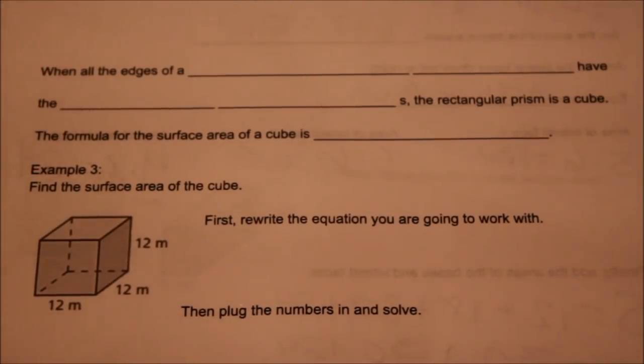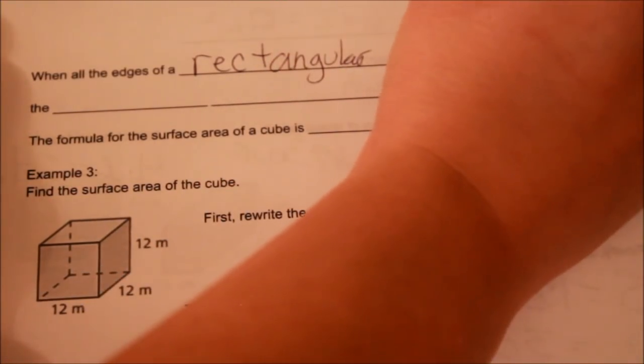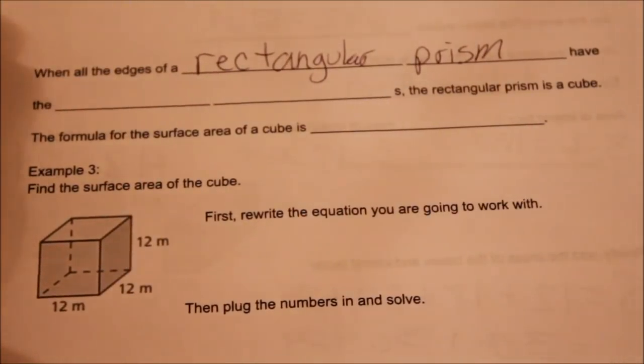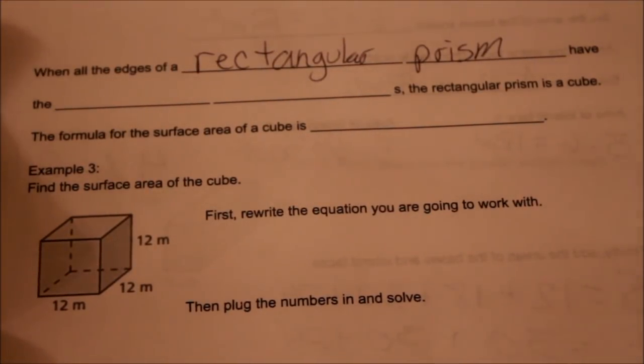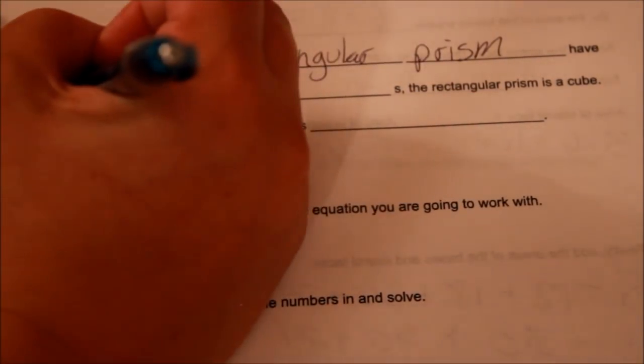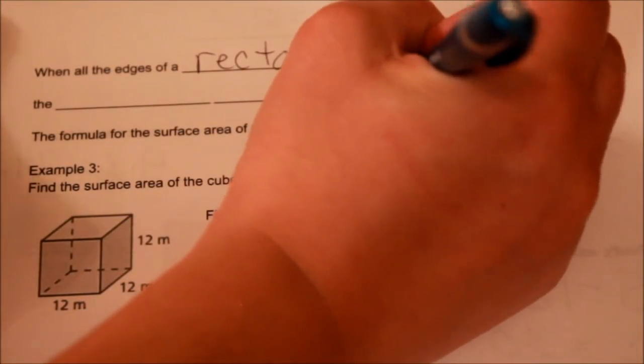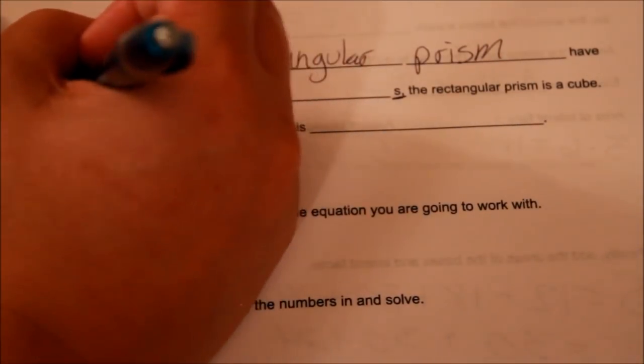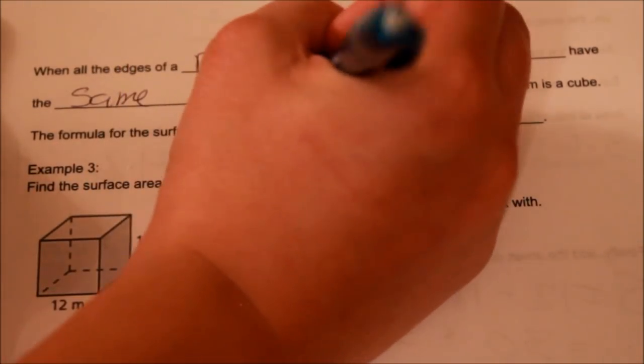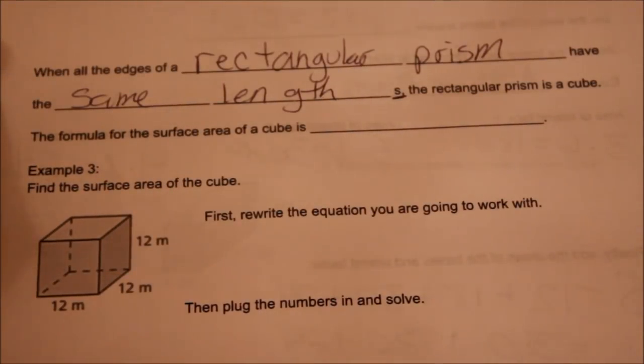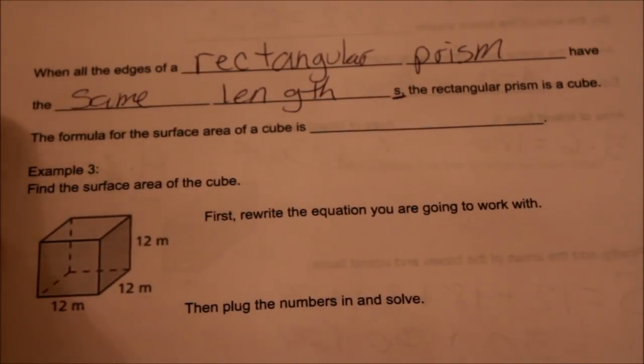Alrighty. When all of the edges of a rectangular prism have the same length, represented by little s, a lowercase s, the rectangular prism is a cube.